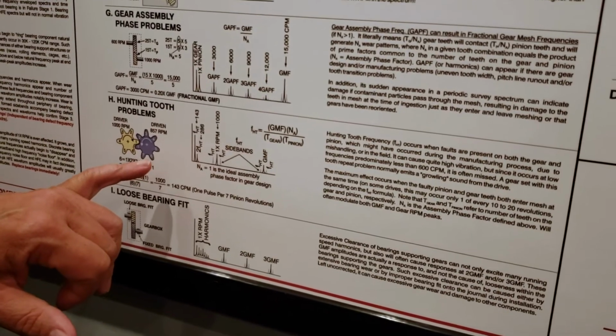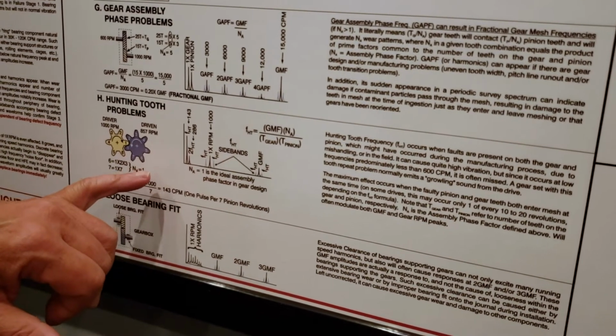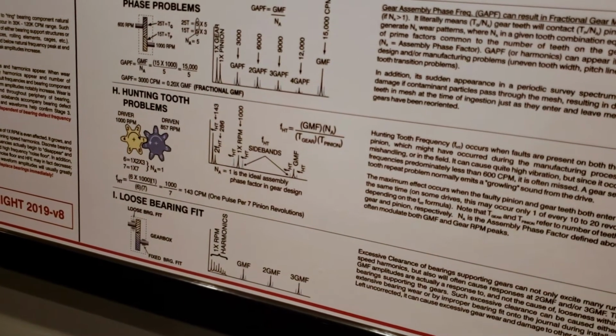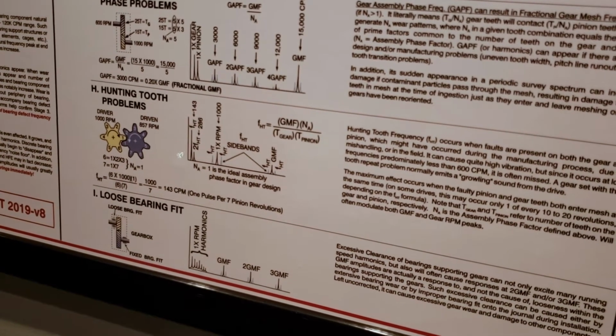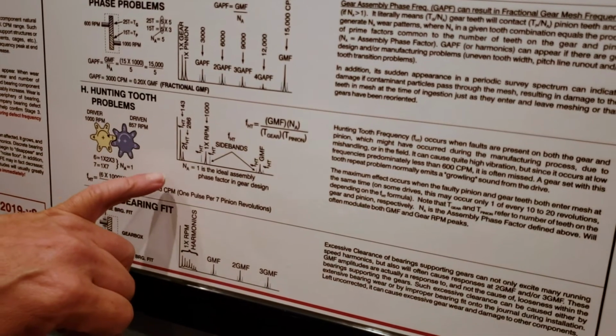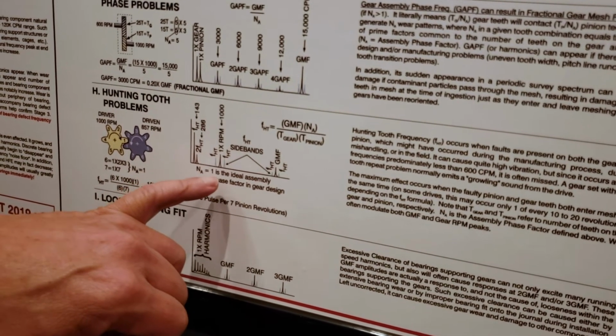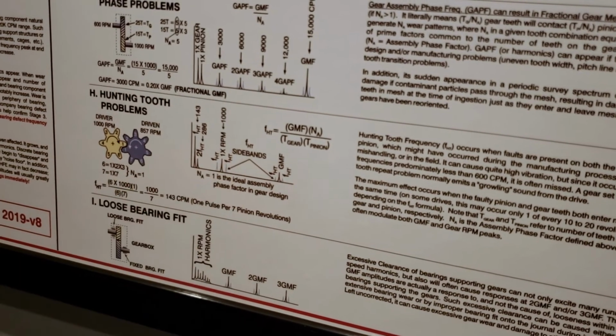Now, where does the hunting tooth problem show up in the spectrum? If we look at the typical spectrum for a hunting tooth problem, you'll see that the hunting tooth frequency, firstly, is subsynchronous to both the running speed of the gear and the running speed of the pinion.